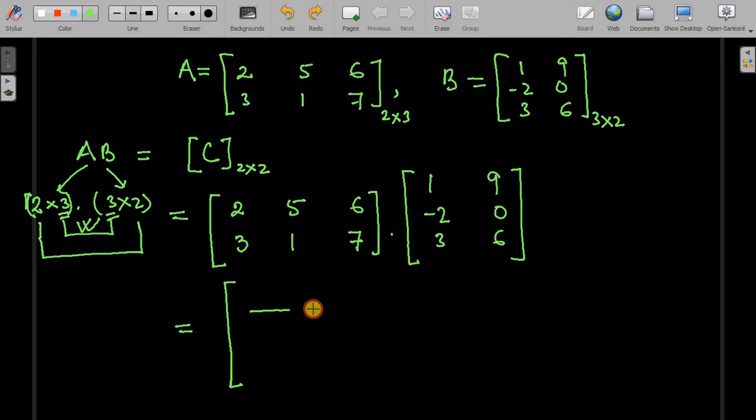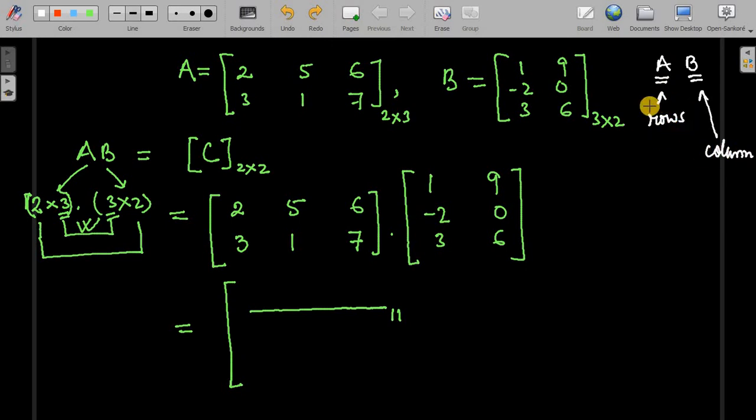So for the element of the first row and first column, let us give a blank. In order to find this element, whenever we multiply two matrices, suppose here A is multiplied by B, then during multiplication we always select rows from the first matrix and columns from the second matrix. This is the rule.